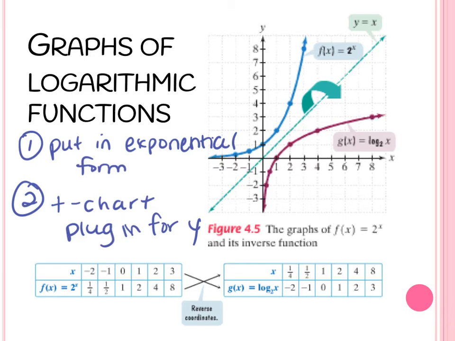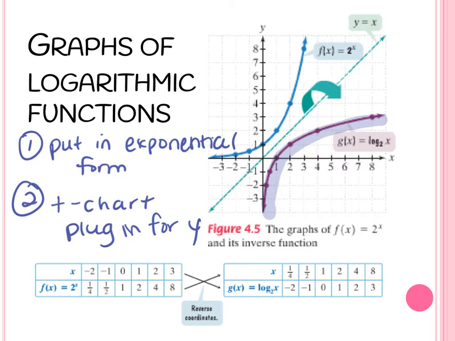Then you get your points, plot your points, and the parent functions look like these, okay? They are inverses to exponential, so they would flip over the y equals x line. But to me, it is way more confusing to plot those points and then have to move them than to just plug in for y.